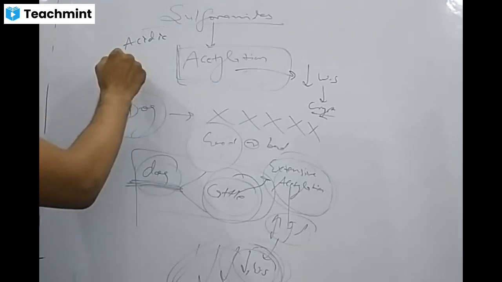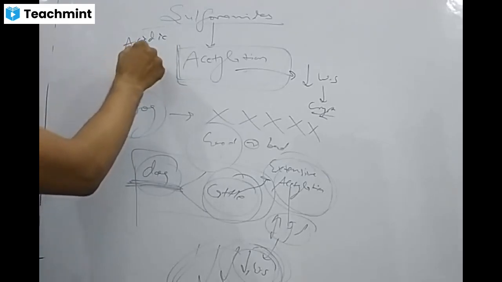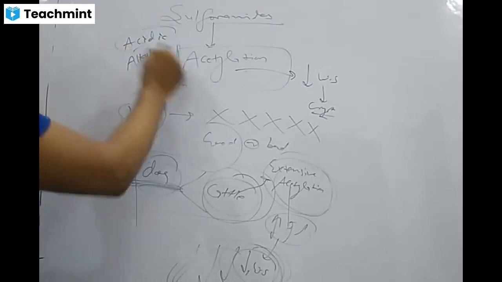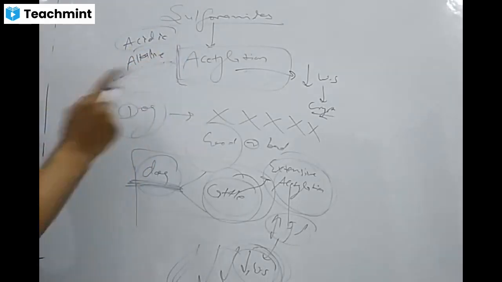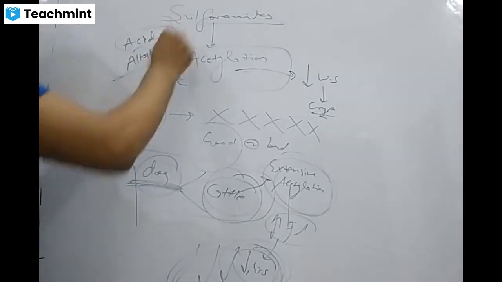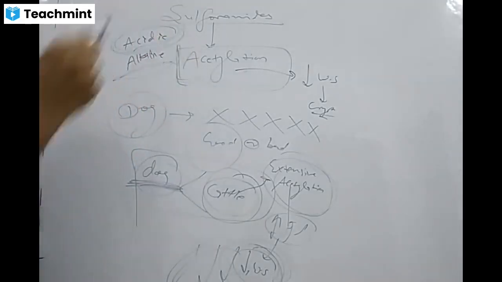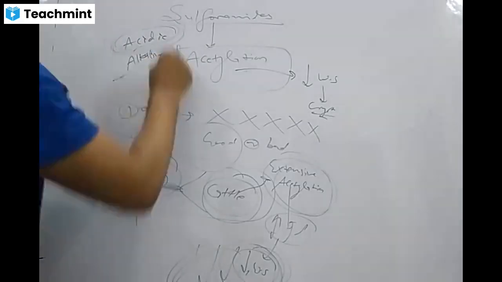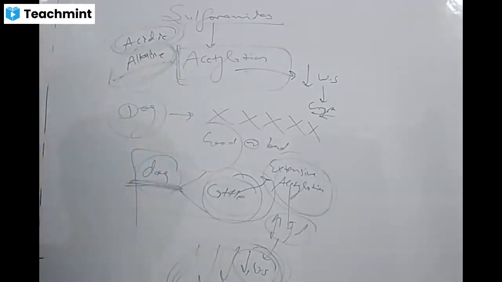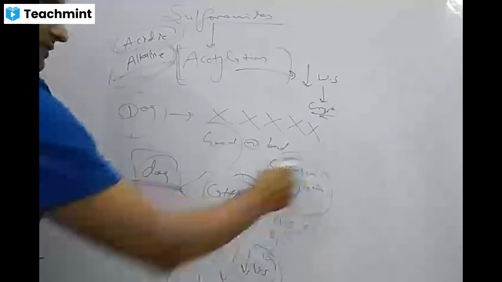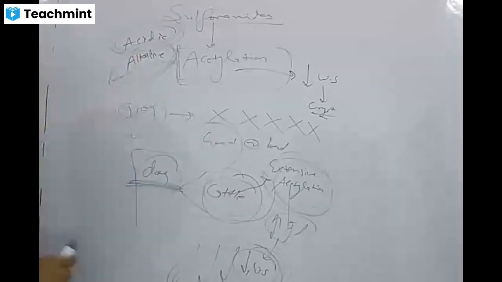And we say that in acidic urine the chances of crystal urea are more. But even though cattle have alkaline urine, because of this extensive acetylation, this factor overcomes the alkaline urine. So the water solubility of that compound will decrease, and it will lead to crystal urea even in the presence of alkaline urine.